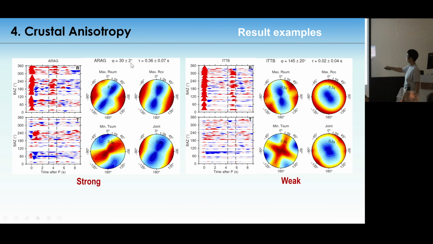And actually, we can see that the delay time tau here is much stronger than at this station. So according to this comparison, the absolute value of tau from the GOF results is still not interpretable, but the relative intensity from station to station is still informative, I think.